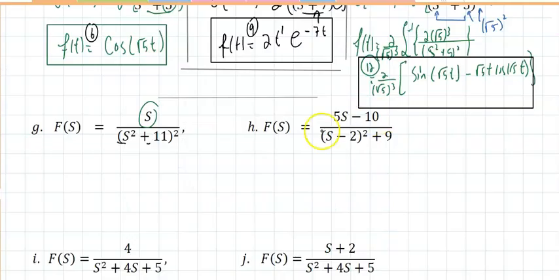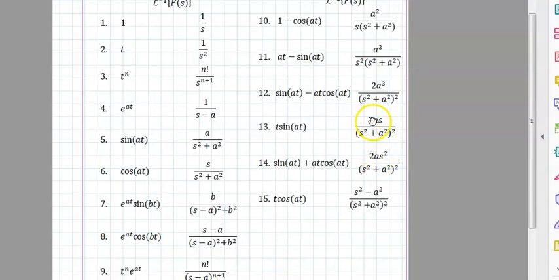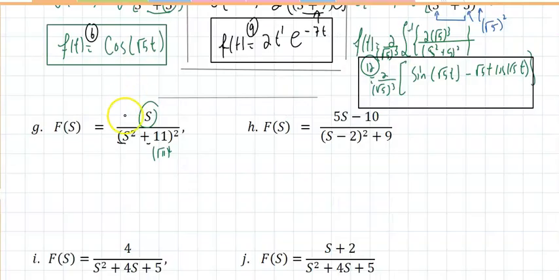Get that out of the way. So here, square root of 11 squared. Got it. So the top should be 2 times that number times S. So I need 2 times radical 11. Well, I can't just out of nowhere add a 2 times radical 11 unless I divide by it.